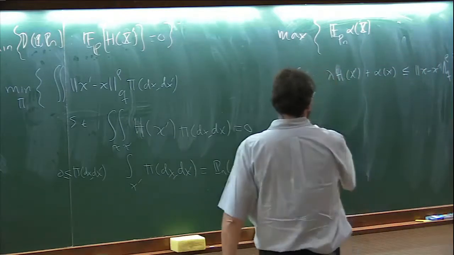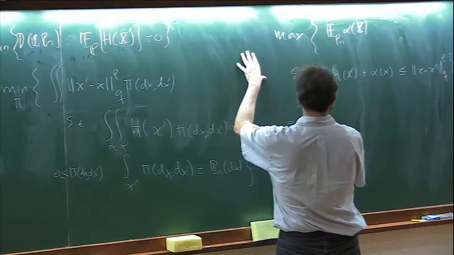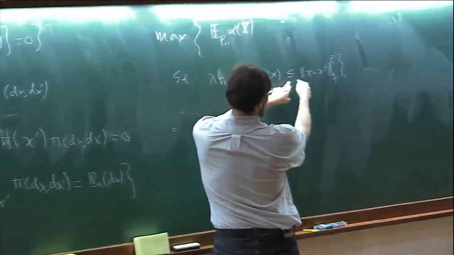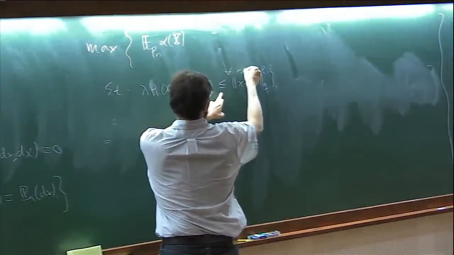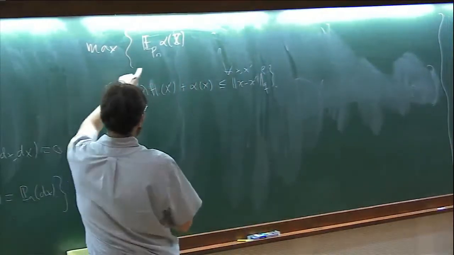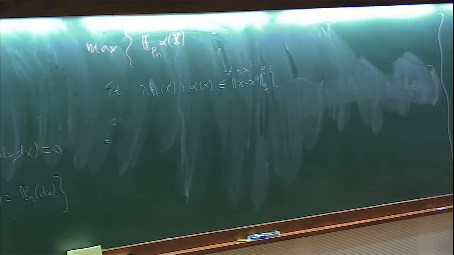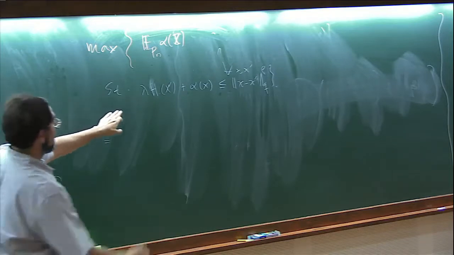And so alpha wants to be as large as possible, but it has this bound for every x and x prime. Alpha is the dual variable that goes with this constraint. So this constraint has attached to it an alpha(x), and this has attached to it a lambda. Okay, so it's this lambda transpose here.